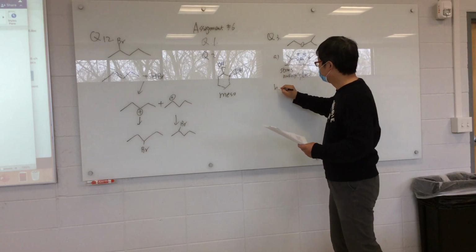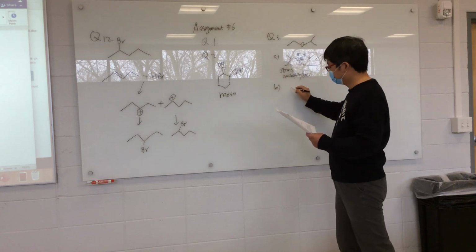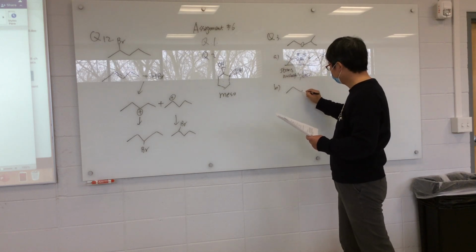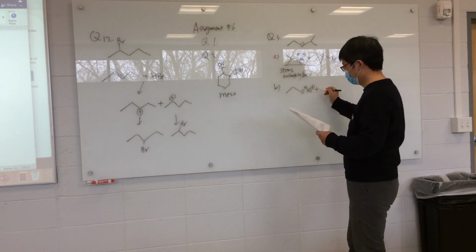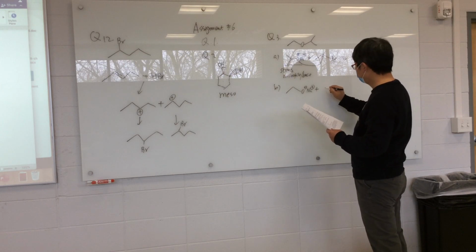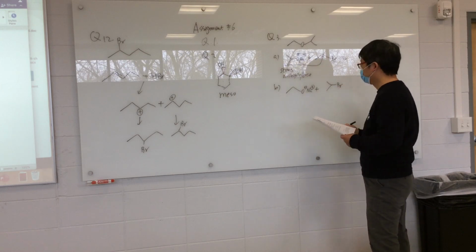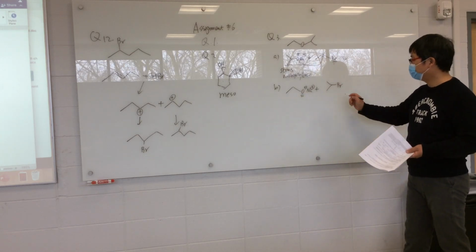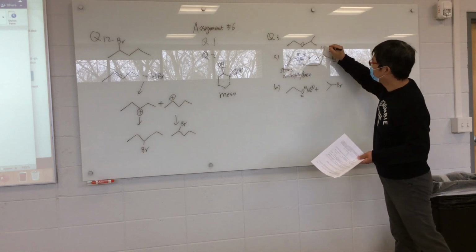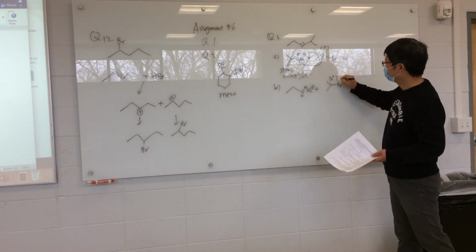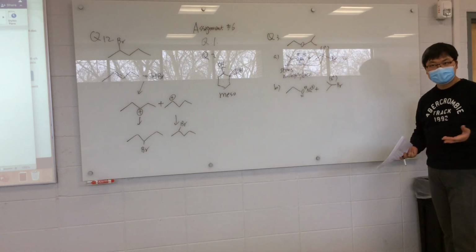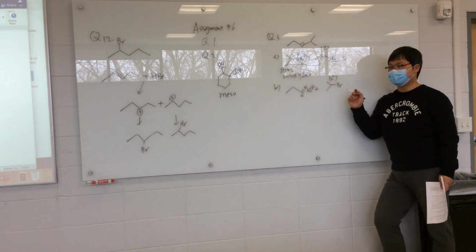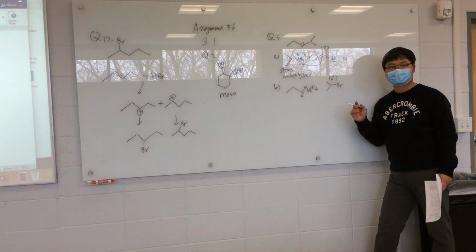What about B? For B, we get this. This is a strong base, we also know. And this is primary. This is secondary. Then this is a secondary alkyl halide, and this is a strong base.